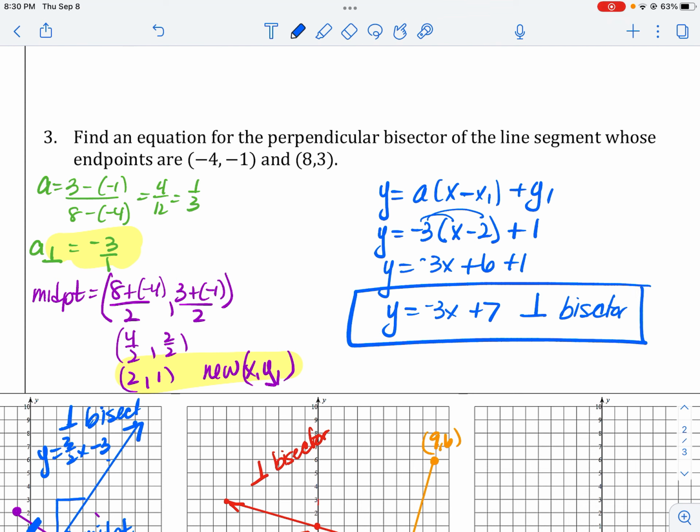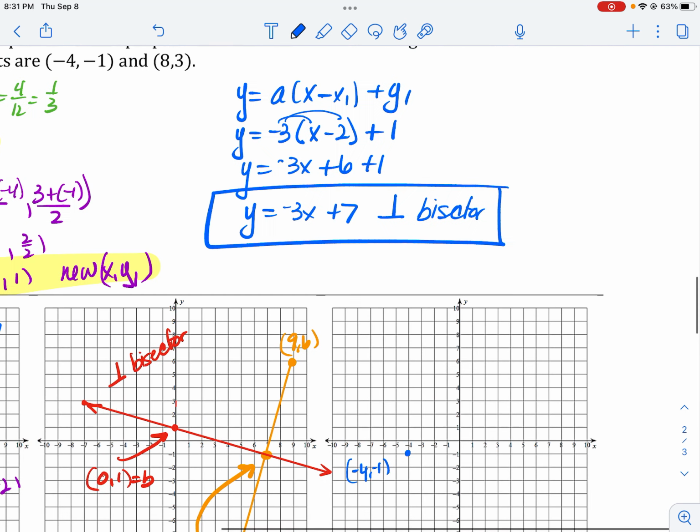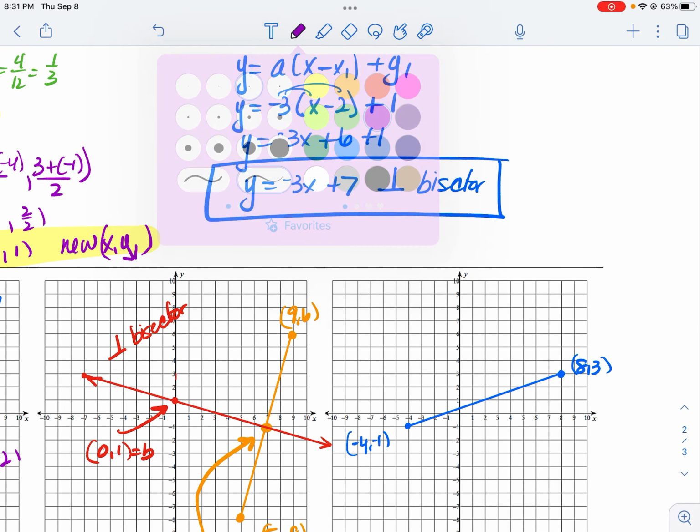So we come down here on the graph, and first we graph our points. -4, -1, and 8, 3. And we connect those. Then we find our midpoint, which was 2, 1.